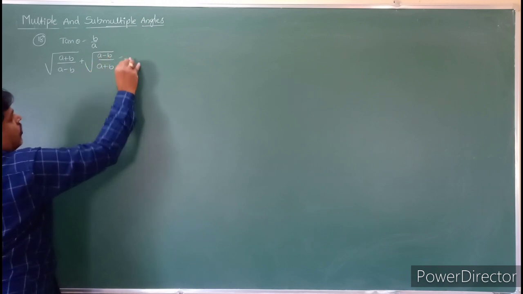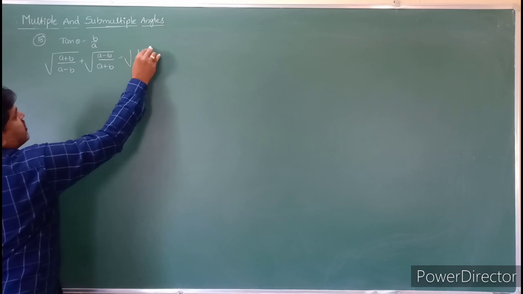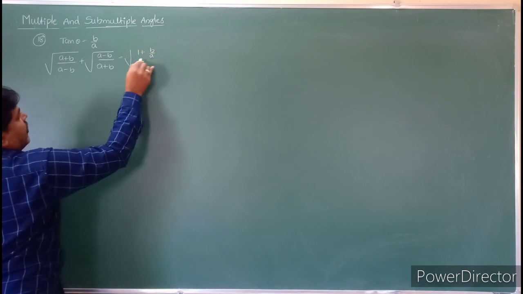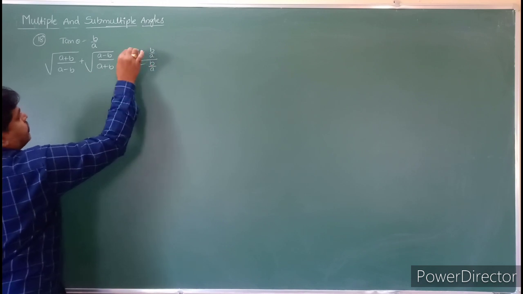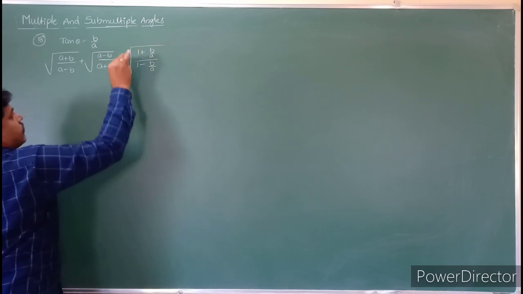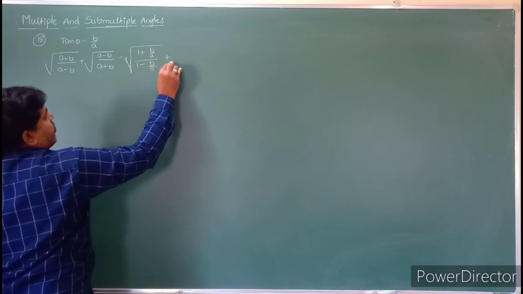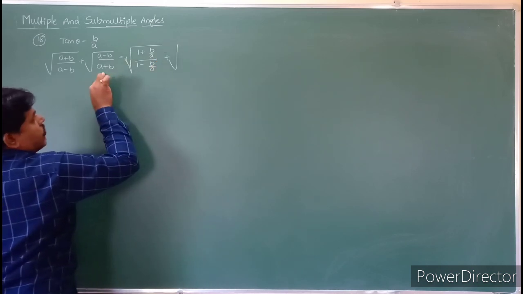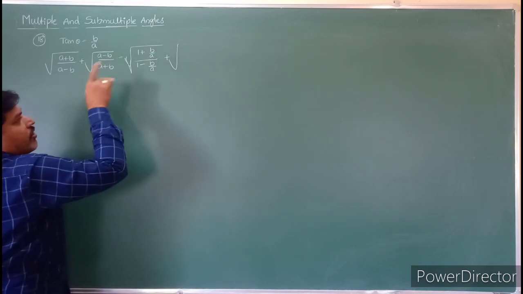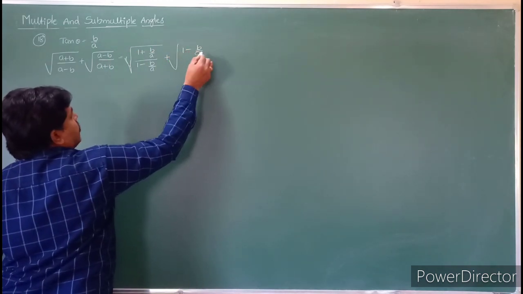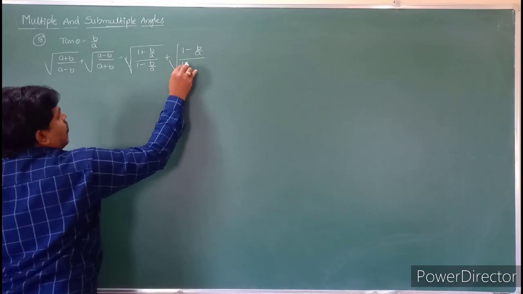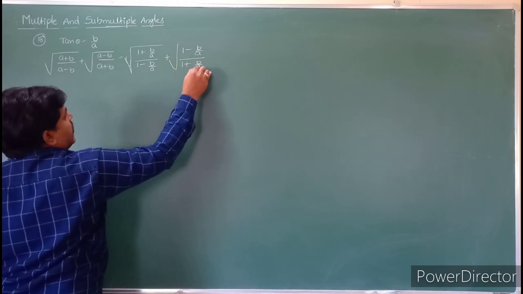It will become root of 1 plus b by a by 1 minus b by a, plus square root of, here also divide the numerator and denominator with a, 1 minus b by a by 1 plus b by a.